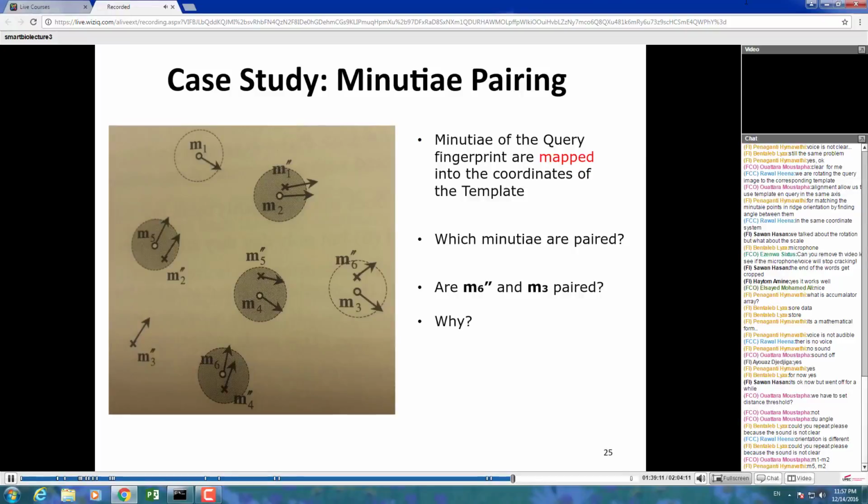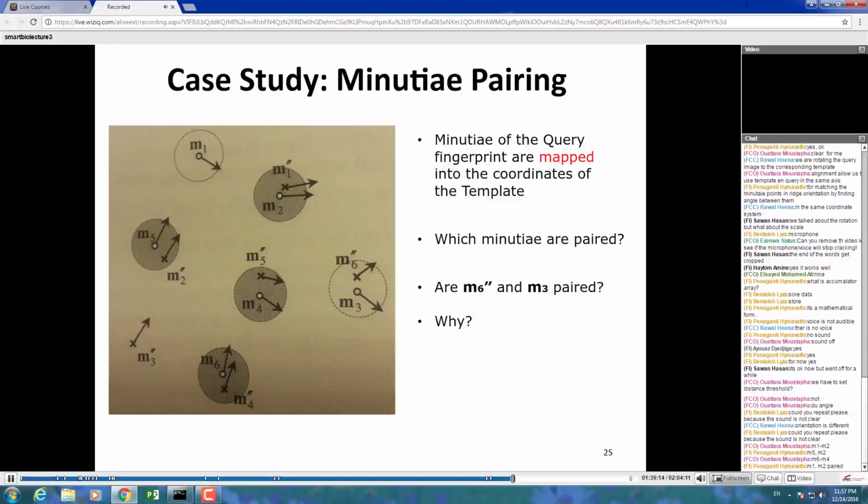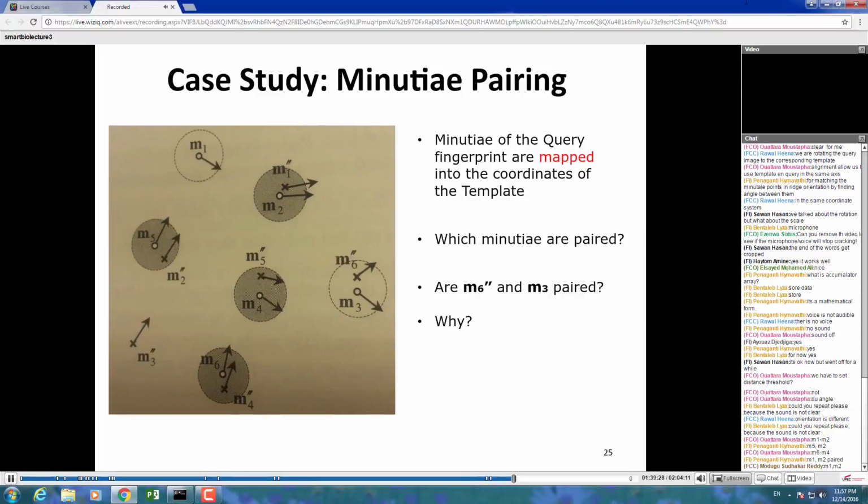The sound seems to be fine now because I see the signal, and I hope it's clear. I'm now receiving some correct answers to the question. So the minutia pairs in this case study are, as you are writing, M1 and M2, they pair. I can show you with the pointer: M1 and M2, and also M5 and M4.